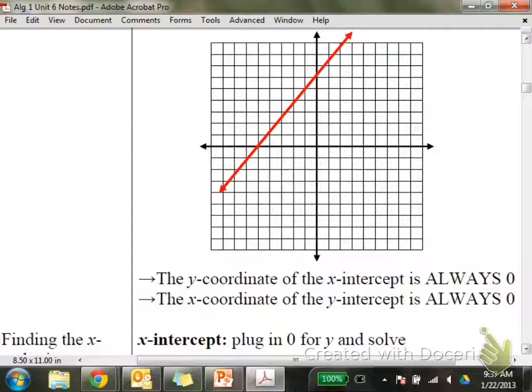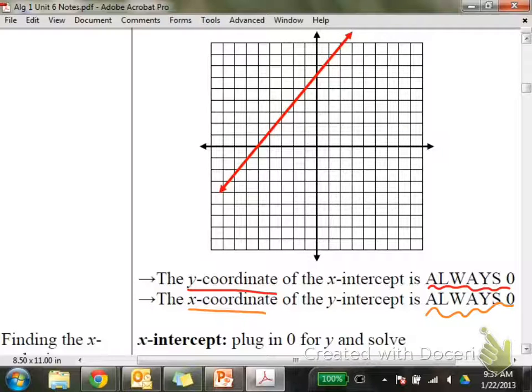If you are looking at the x-intercept, the y-coordinate is always 0. If you are looking at the y-intercept, the x-coordinate is always 0. So it's the opposite. If I'm looking for the x-intercept, y is equal to 0.